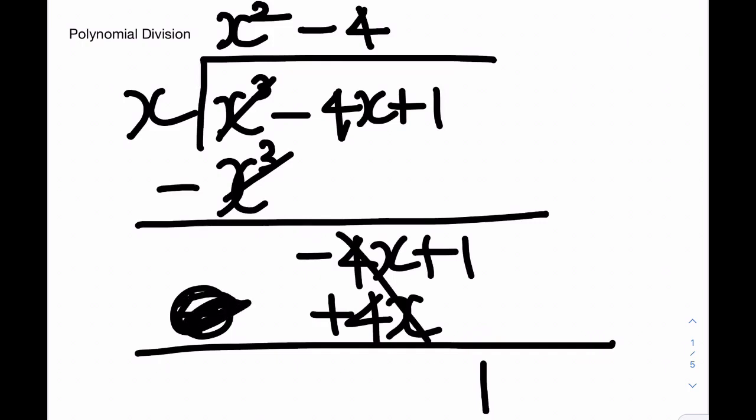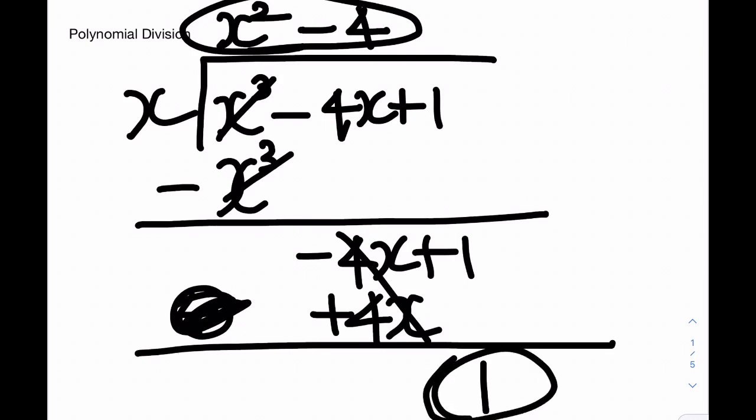So for this division, our answer is x to the power of 2 minus 4, and the 1 will be our remainder, since our x here cannot cancel out the 1.